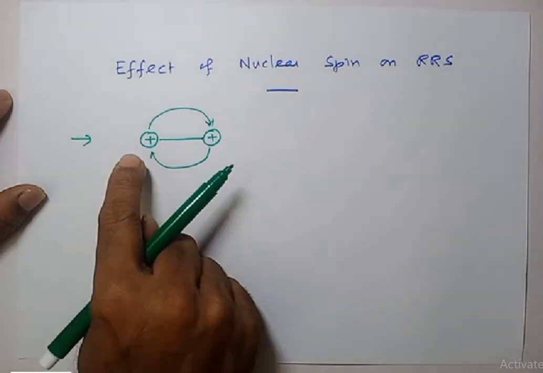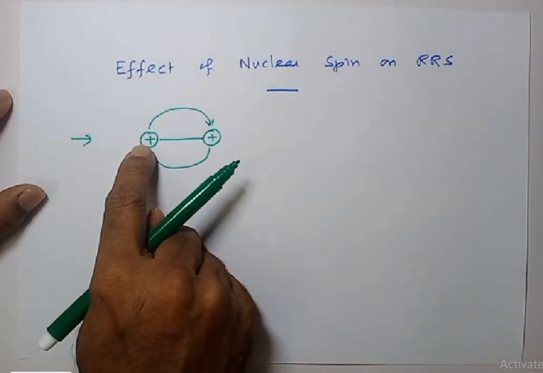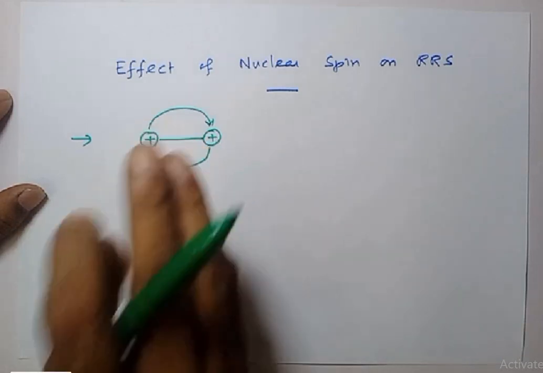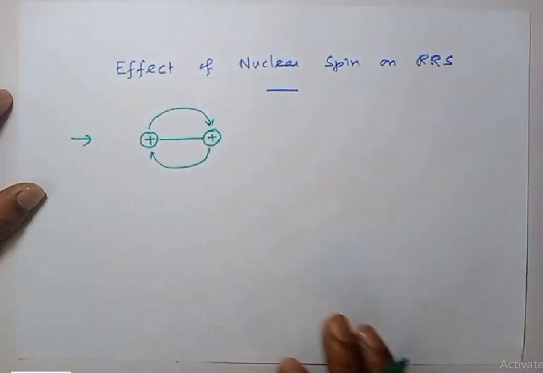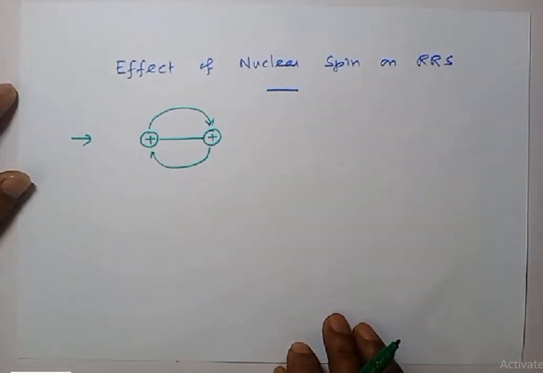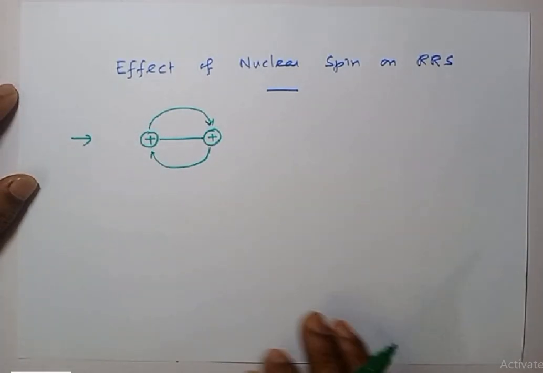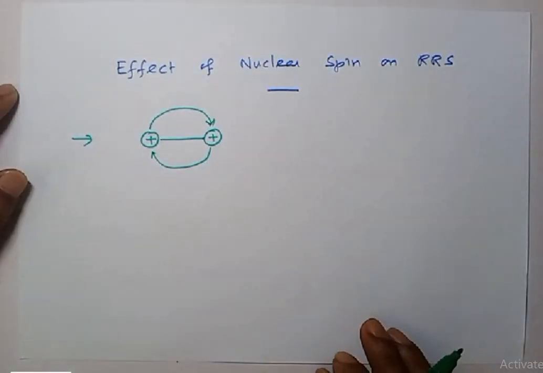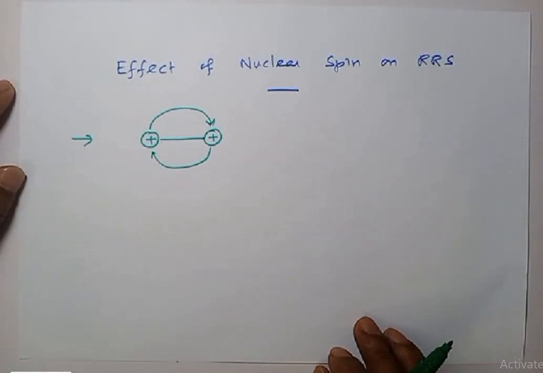So listen, the nuclei present in the molecule may have spin. Yes, most nuclei have spin. Depending upon the spin possessed by the nuclei, we classify the nuclei into bosons or fermions.